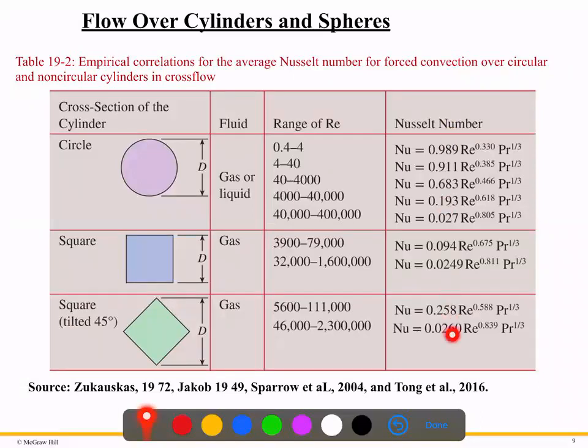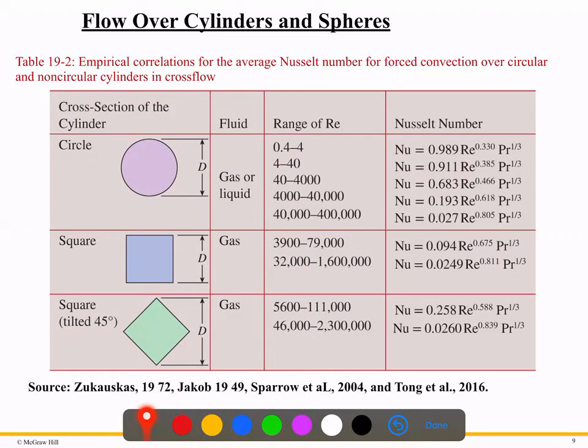Here are the expressions for different types of geometry, circle, square, and tilted square, and for different fluids and different Reynolds numbers, here is the corresponding expression. So when the flow is passing over this cylinder or these irregular shapes, square, tilted square, then here is the corresponding expression.